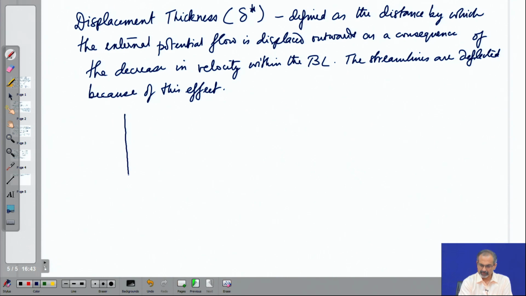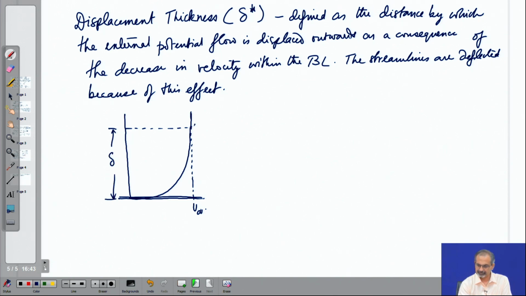So, if you look at the typical velocity profile in the boundary layer, let us say we are able to recover 99% of the free stream within this thickness. This region, which is lying beyond the velocity profile, is the region of velocity deficit.